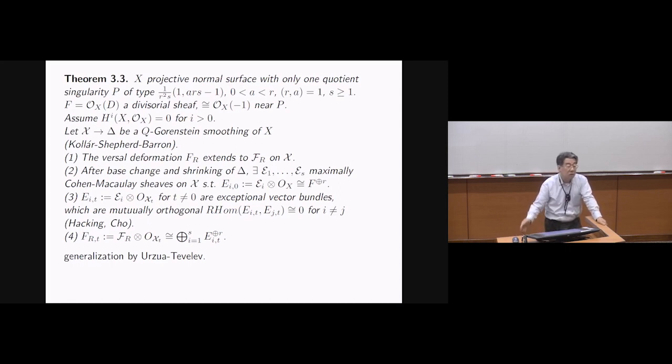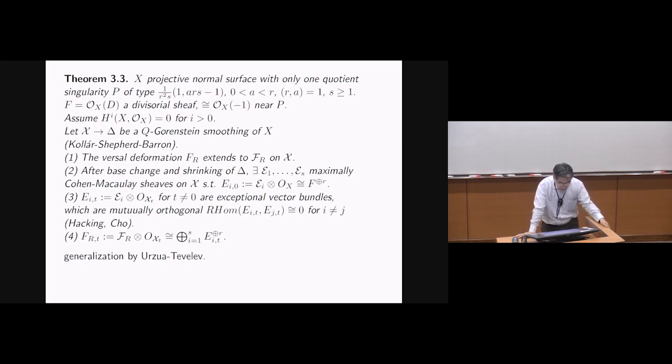The special fiber is singular, just a direct sum of the original divisorial sheaf. And the generic fibers, E_i times O_{X_t}, for non-trivial t, are exceptional vector bundles. And they are semi-stable also.